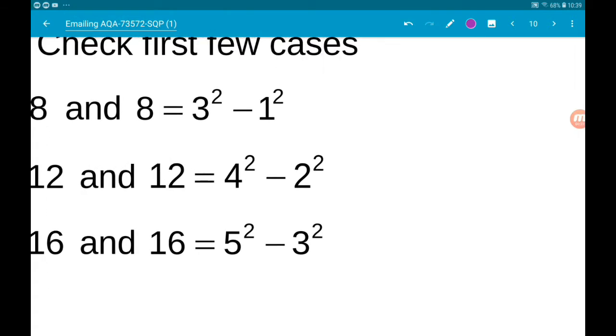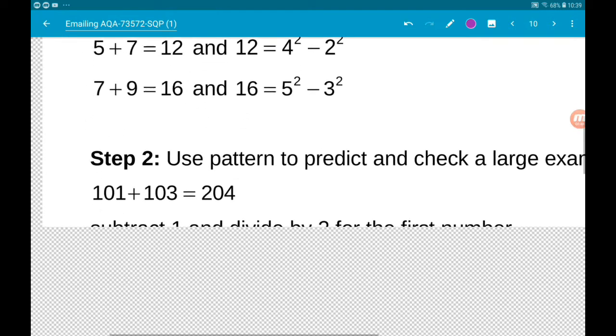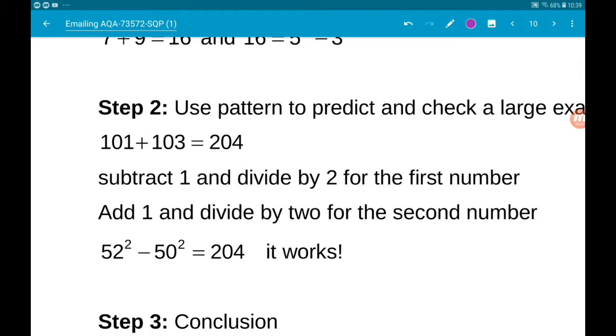The square numbers are two numbers apart. So we got 3 squared minus 1 squared, 4 squared minus 2 squared, 5 squared minus 3 squared. And then we've even got, with this bigger one, 52 squared minus 50 squared.